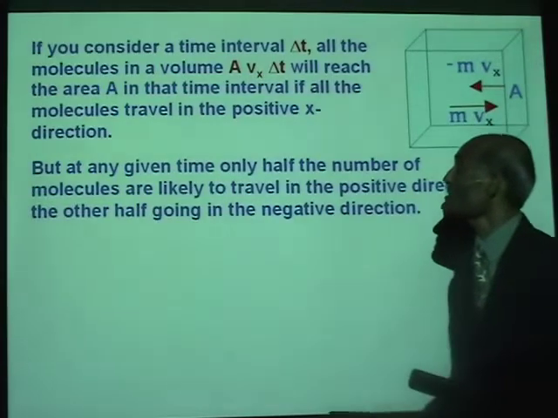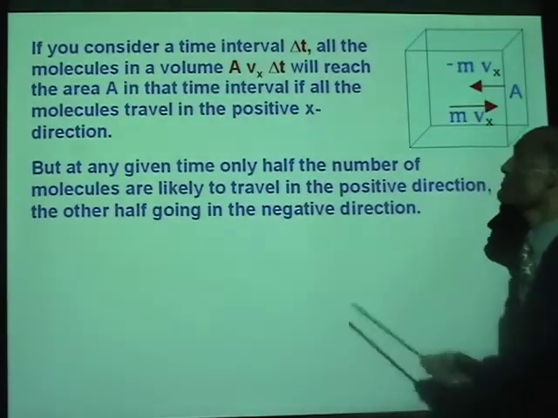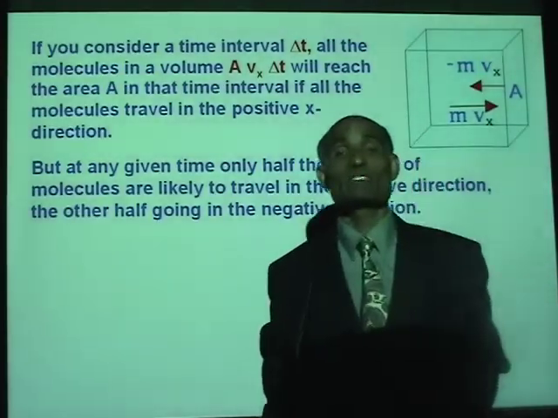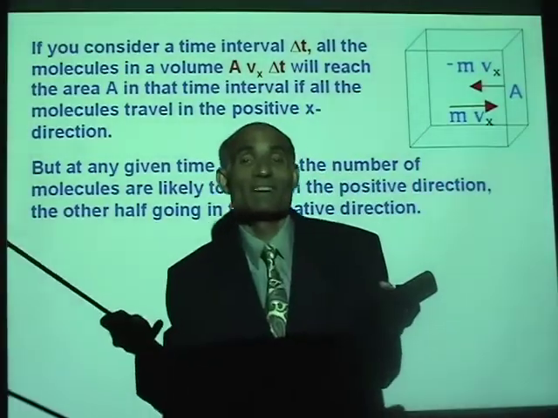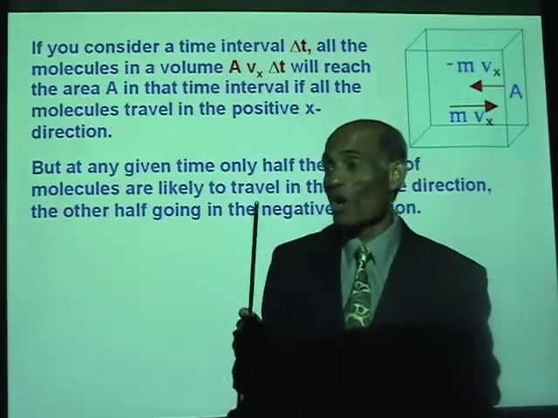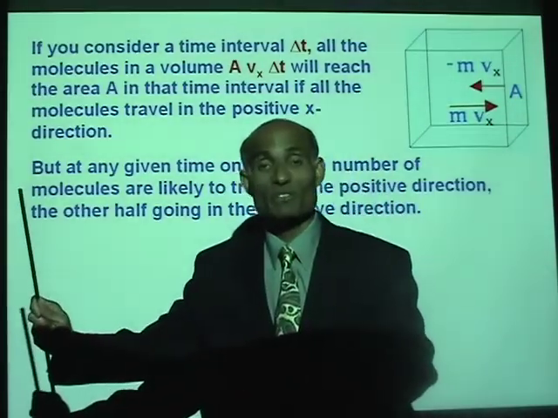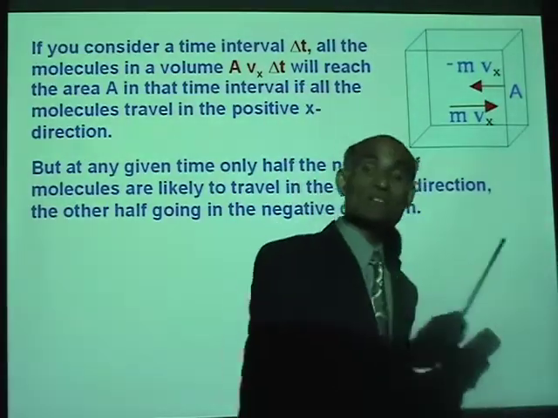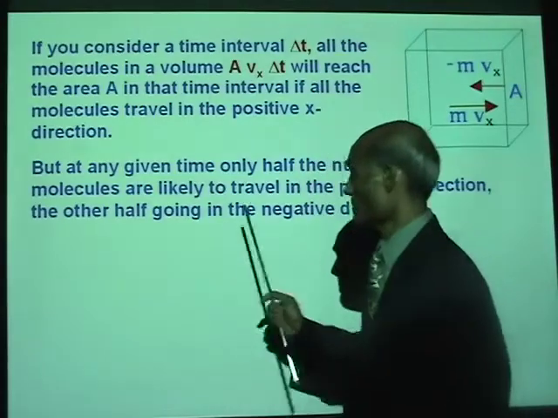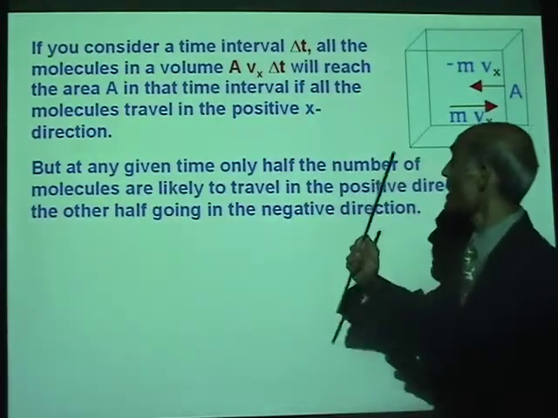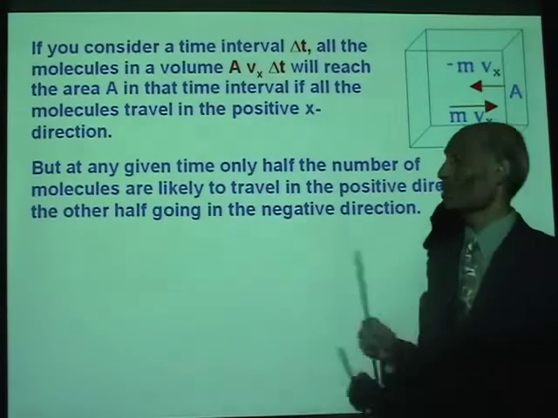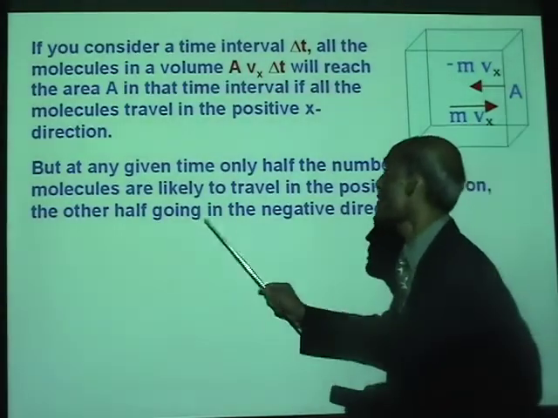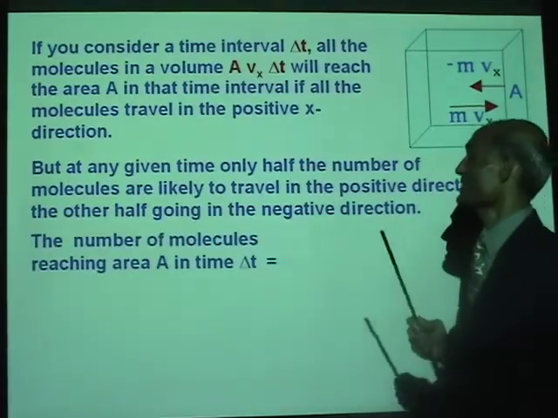But at any given time, only half the number of molecules are likely to travel in the positive x direction. Look at the way we are using statistics here. You see, we assume that this molecule is moving in the positive x direction. But a molecule is equally likely to travel in the negative x direction. So, the assumption we make is at any given time, only half the number of molecules are likely to travel in the positive direction, the other half going in the negative direction.